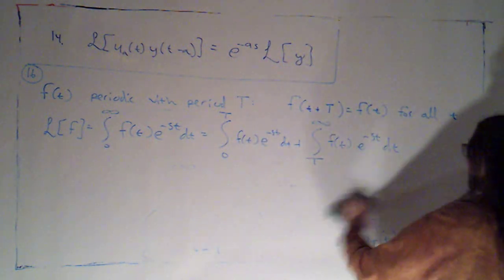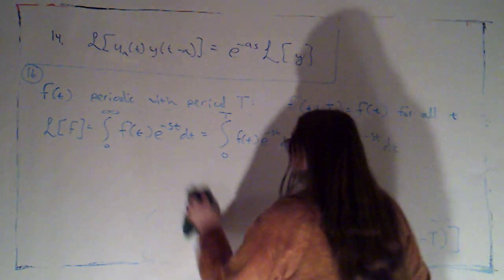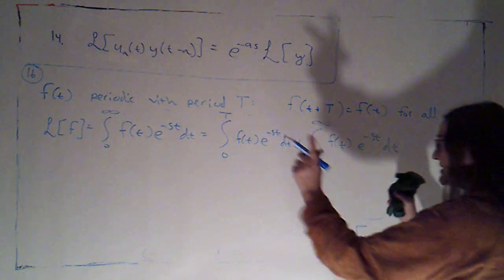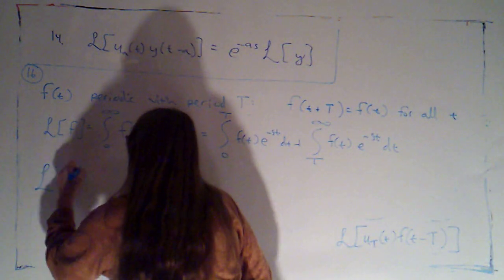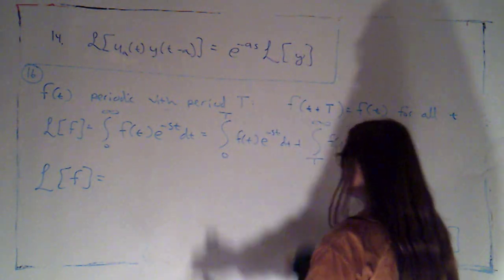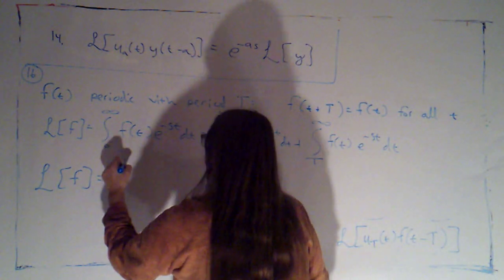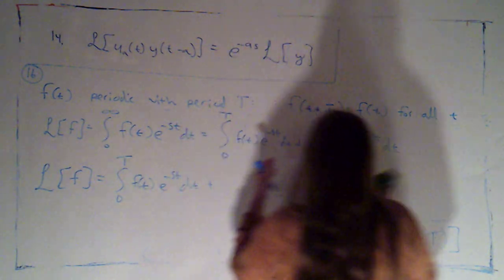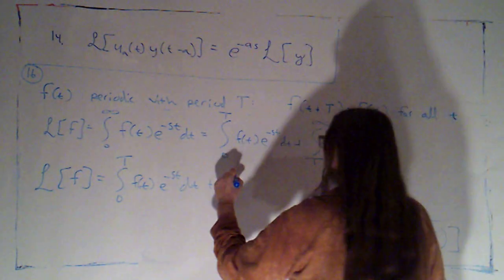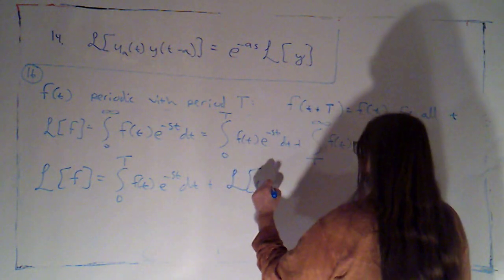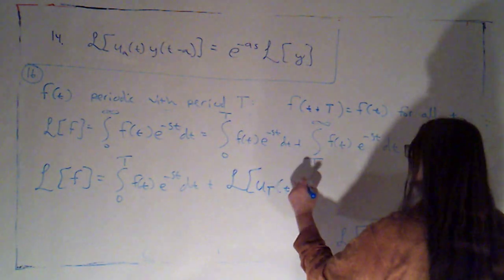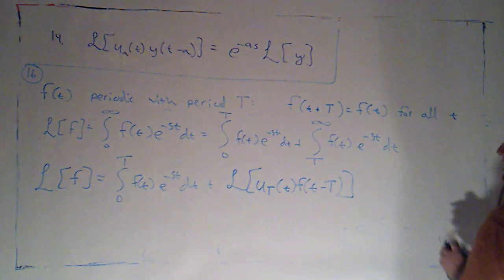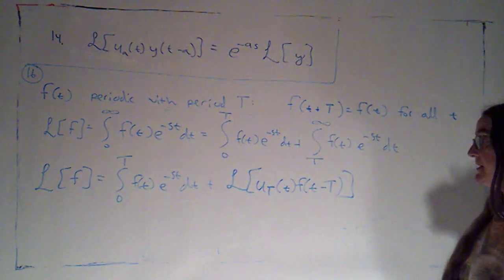actually let's work this out. So we were working with just this piece. Essentially, let me just rewrite all of this. We have the Laplace transform of f was equal to this integral from 0 to capital T of f of t times e to the negative st dt plus this piece, which we just spent some time saying was the Laplace transform of the Heaviside function at capital T times f of t minus capital T. But now I can use formula 14 here.